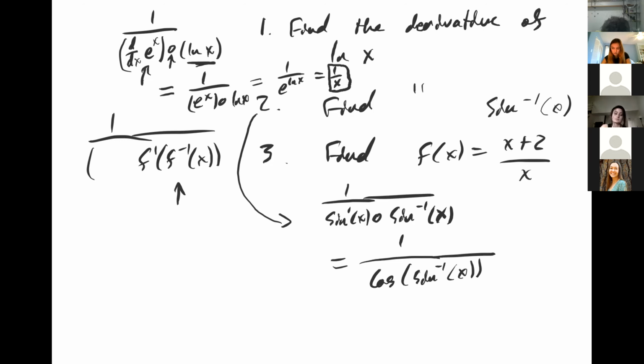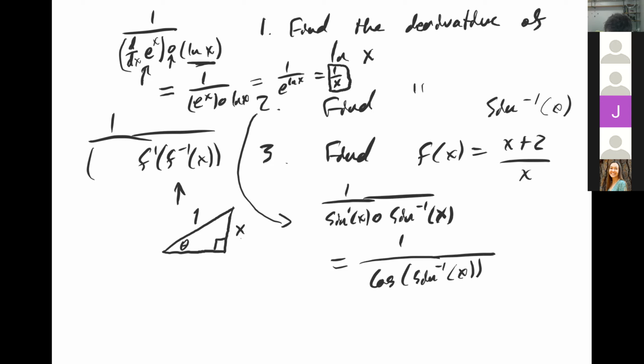So what does it mean if we're taking sine inverse of x? What this means is you have some sort of right triangle, and how do you compute sine? Well, you got to remember your SOHCAHTOA, and you're taking the opposite over the hypotenuse. So it's good enough to consider a triangle where you have x as the opposite and the hypotenuse is 1, because then opposite over hypotenuse gives you x.